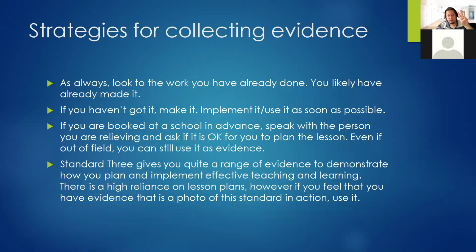So the way it works is you're going, all right, for standard one, I've got one piece of evidence and I'm going to pick descriptors from standard one. Then for standard two, I have my piece of evidence, I'm doing standard two, and I'm going to pick my descriptors from standard two.